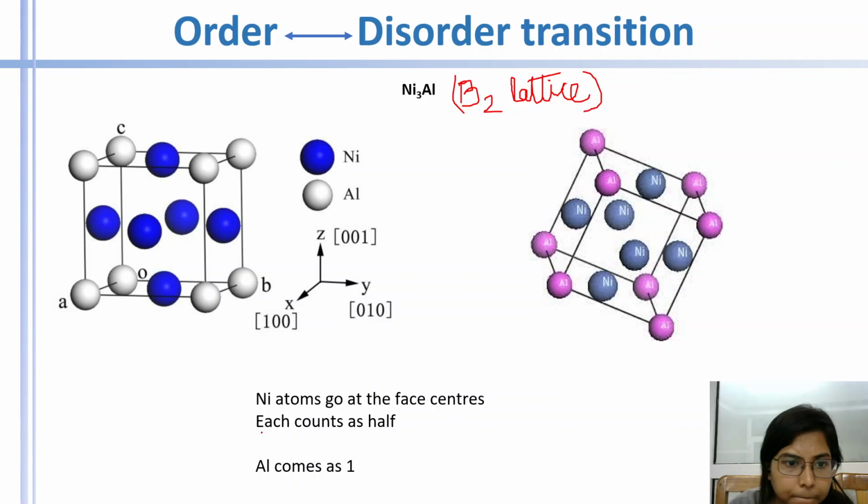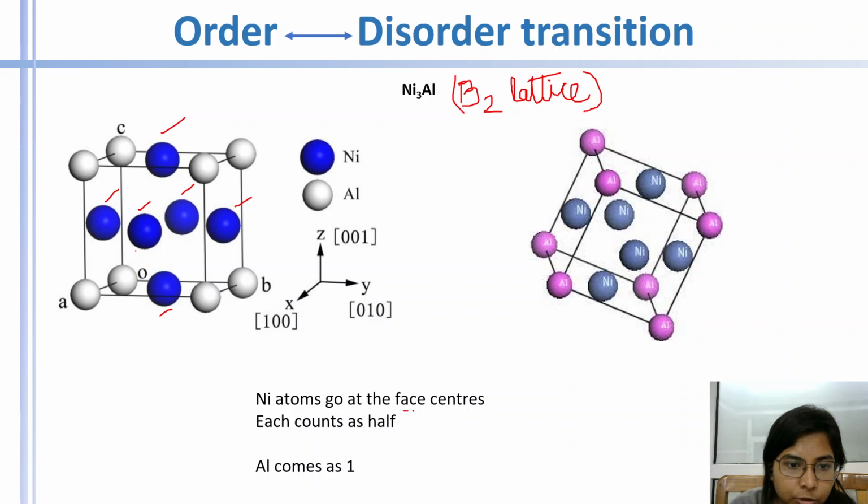Here you can see the blue spheres represent the nickel atoms and the silver spheres represent the aluminum atoms, and this is the coordinate axis: this side is the x-axis, this side is the y-axis, and this side is the z-axis. The nickel atoms go at the face centers: the center of the top face, the bottom face, the left face, the right face, the front face, and the back face.